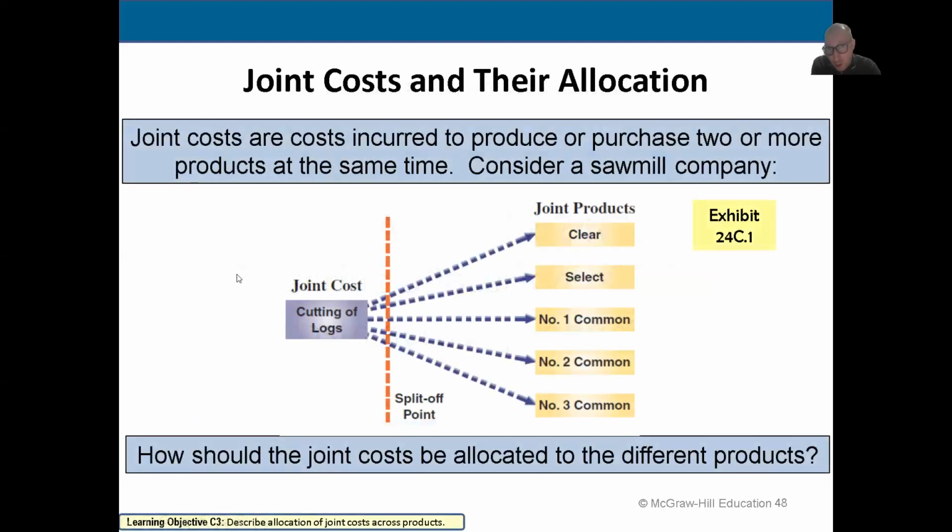And then, of course, we also talked about the concept of joint costs. A better example would be the store manager's salary. That's a joint cost. The store manager's salary gets allocated to each individual department based off of the salary and the amount of hours each employee worked in each department.